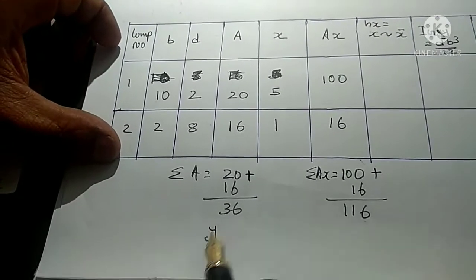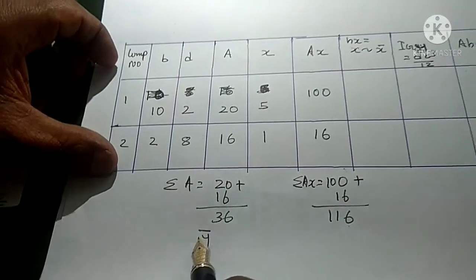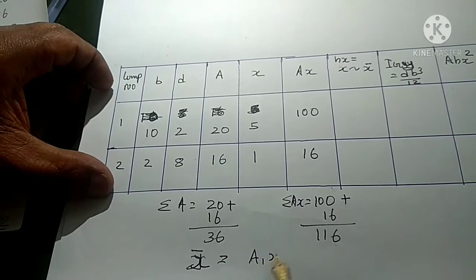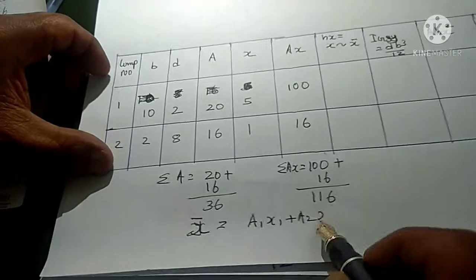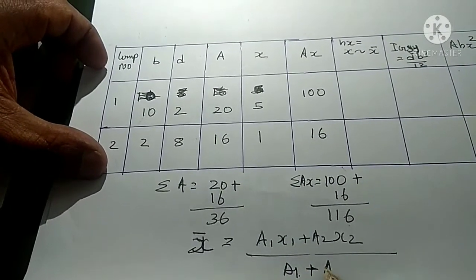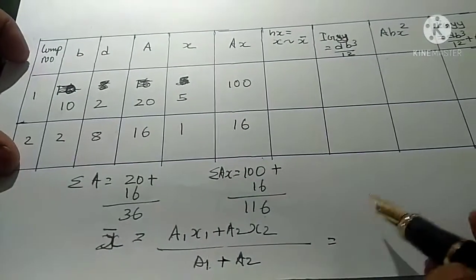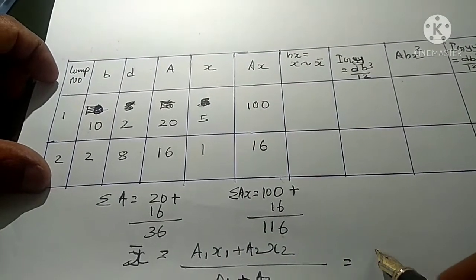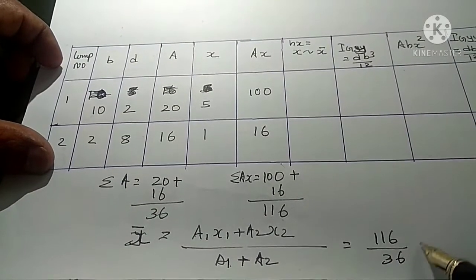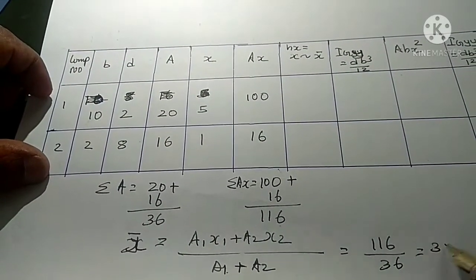Therefore X bar is equal to A1 X1 plus A2 X2 divided by A1 plus A2, which is equal to 116 divided by 36, which is equal to 3.22.